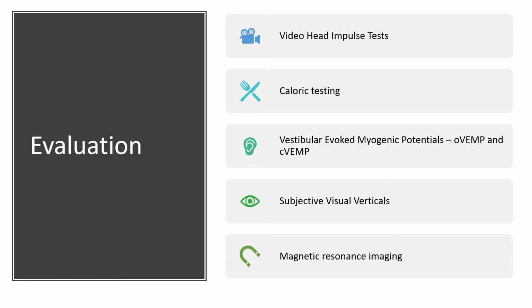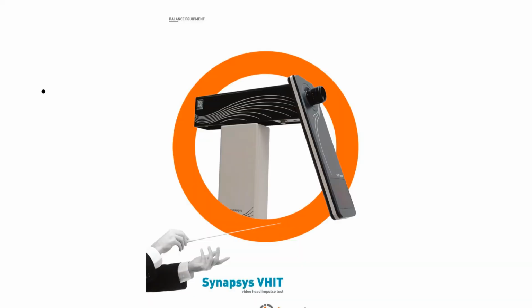MRI is used to rule out central vestibular disorder, whether it's a stroke or a vestibular schwannoma that suddenly bled. So it depends on your clinical evaluation as well. Of course, audiometry is also essential to exclude any audiological signs.